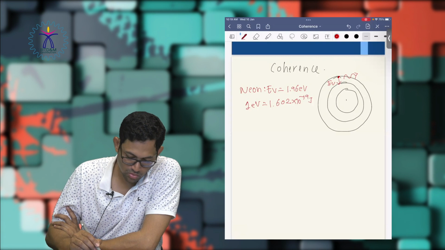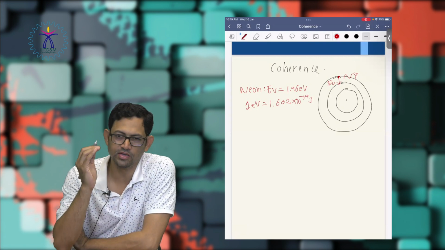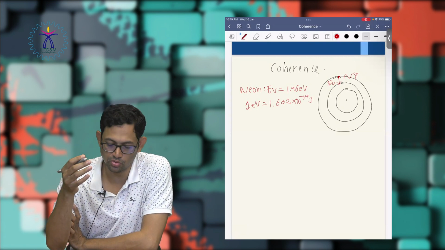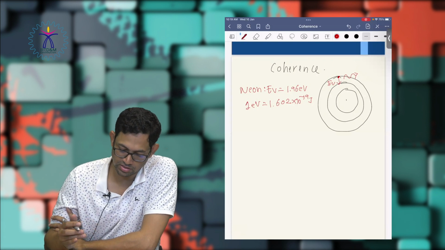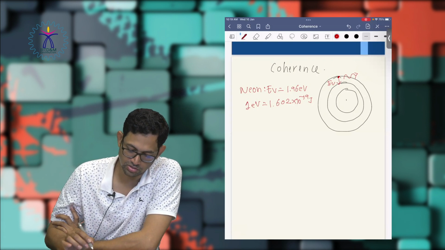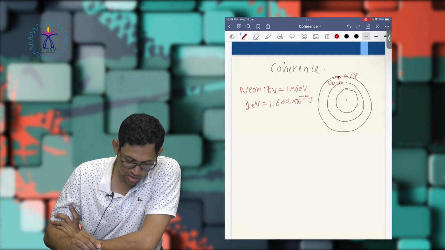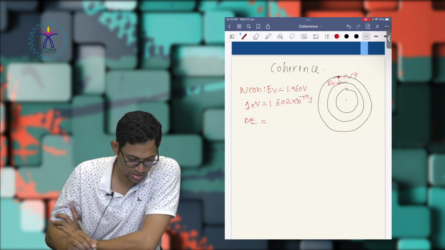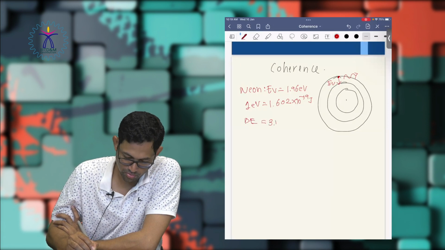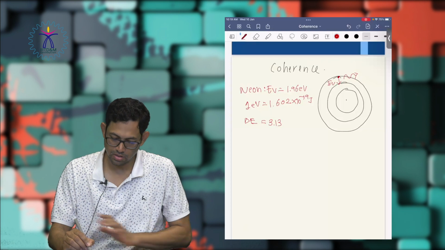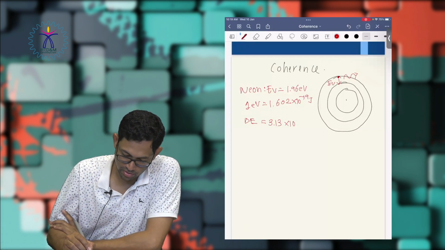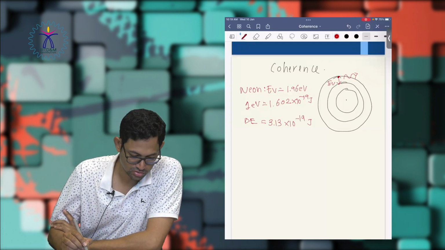So to get the jump in joules, you multiply 1.96 eV by 1.602 times 10 power minus 19 joules, and you will find that the jump, delta E, is about 3.13 times 10 power minus 19 joules.